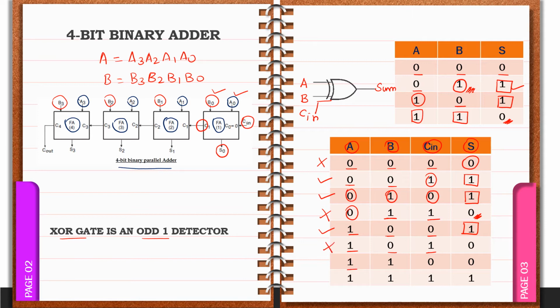Here A is 1, B is 1 and C is 0, which is also not applicable. The last one is A is 1, B is 1 and C is 1. Here we have three ones, an odd number, so we get the output as 1. This shows the truth table of the XOR gate. Now I'll explain the in-depth concept of the 4-bit binary adder.